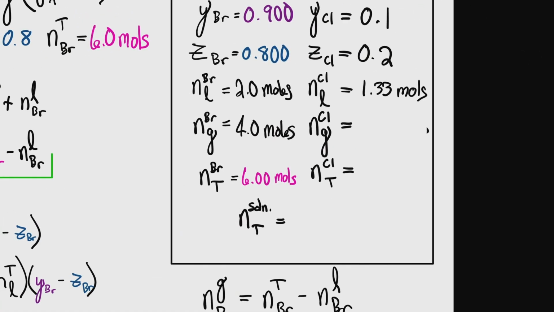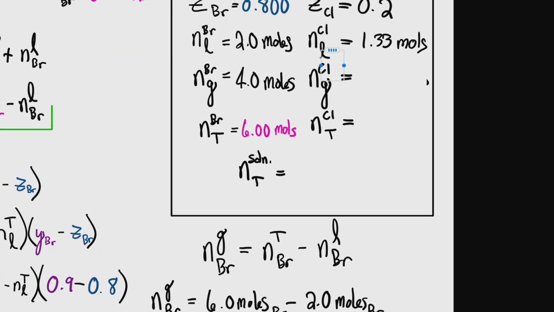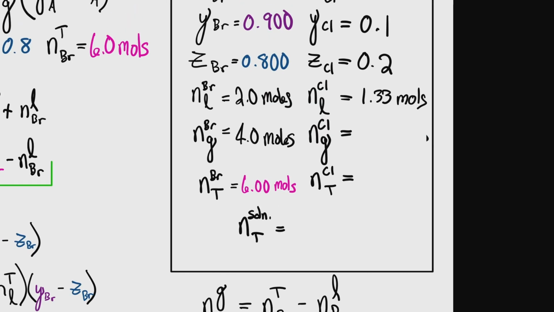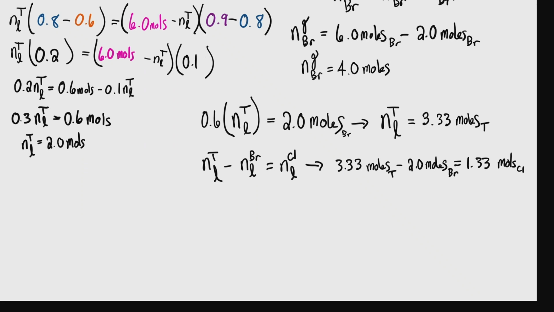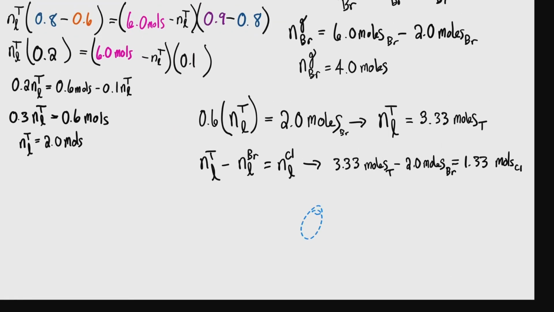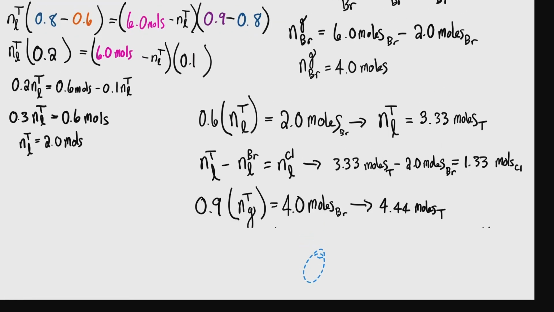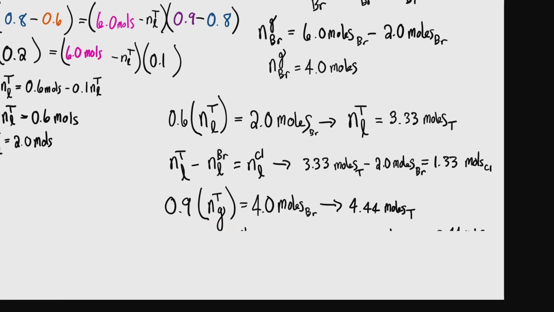So let's go ahead and move on to the gas phase. We have the liquid, and we know everything that we need to know about bromobenzene, so let's go ahead and solve for gas. We're going to do it in a very similar manner that we did for liquid. If 90% of our total gas is equal to 4 moles of bromobenzene, then we can rearrange and solve for the total moles of solution.